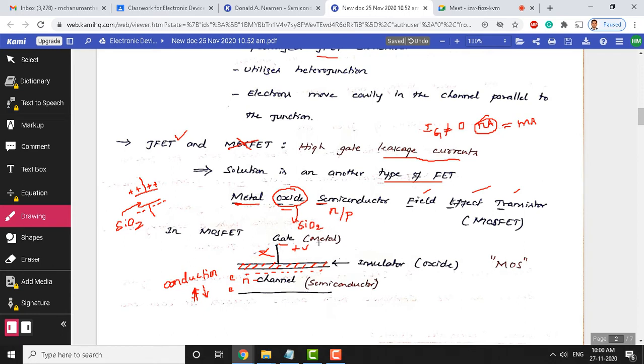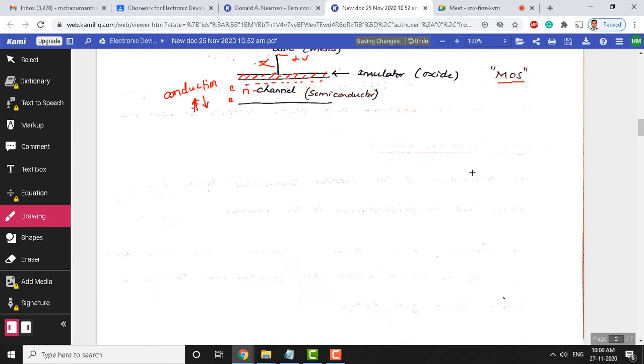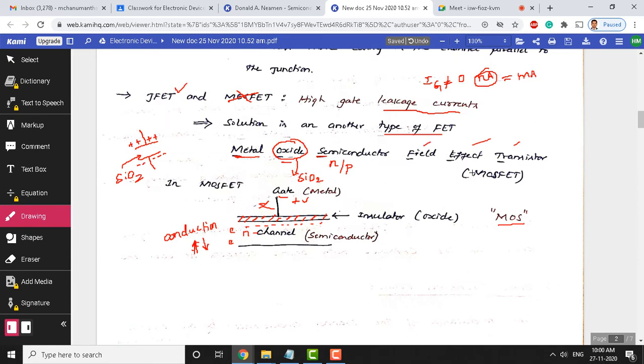There is a gate which acts like a metal, the oxide acts like an insulator, and there is a semiconductor here which behaves like a channel for the movement of charge carriers. That is why it is called MOS. Okay, do you have any questions with reference to the introduction part of this JFET?